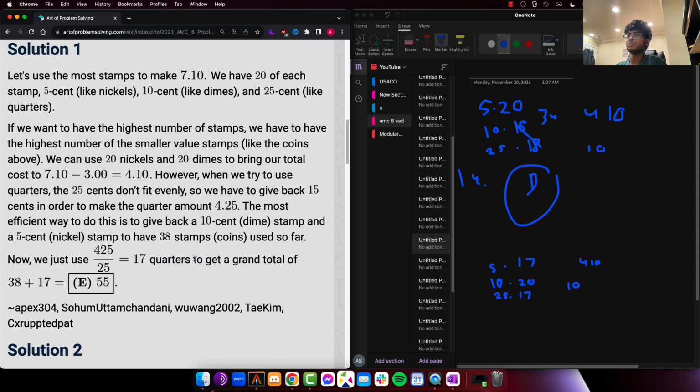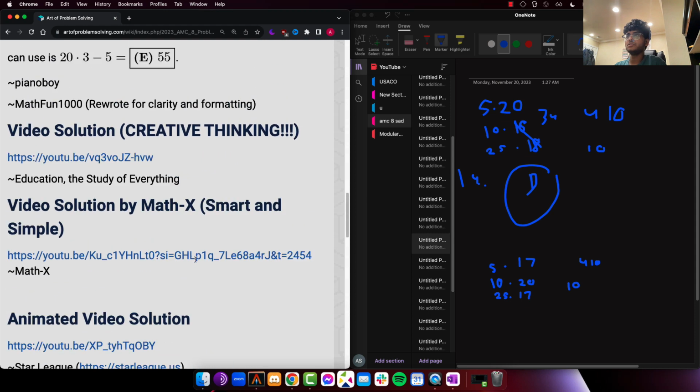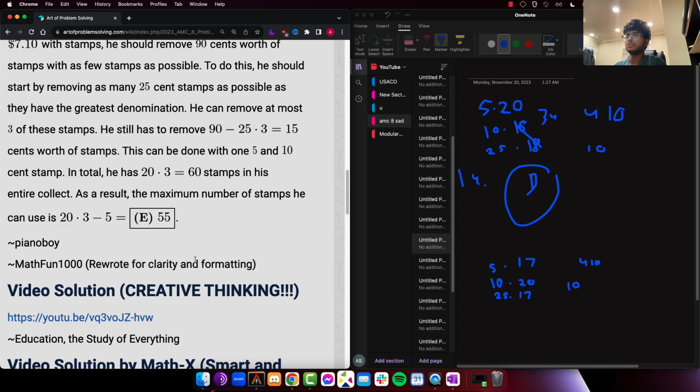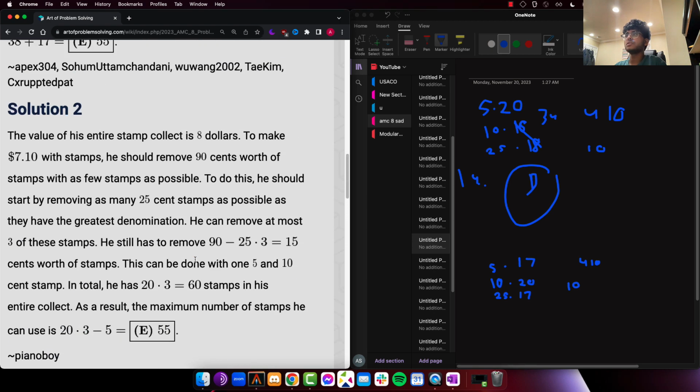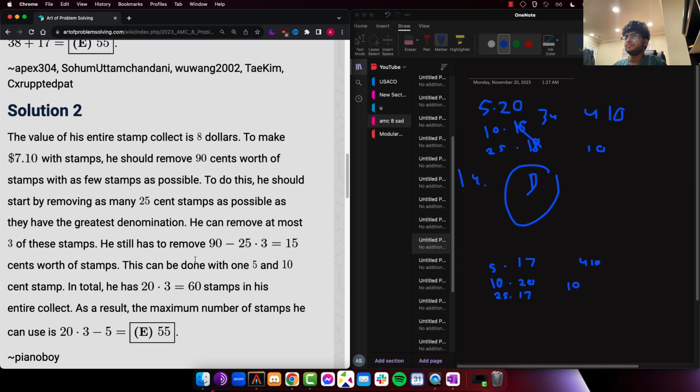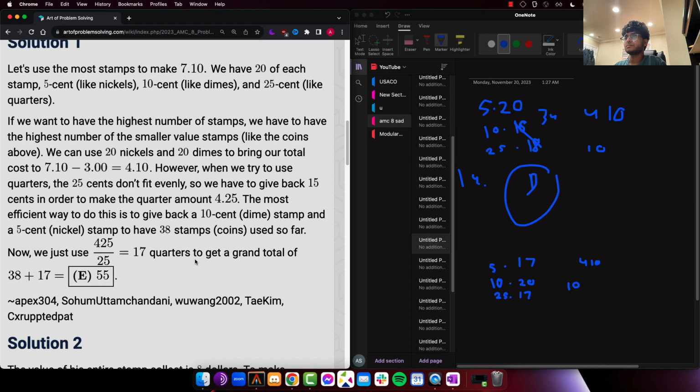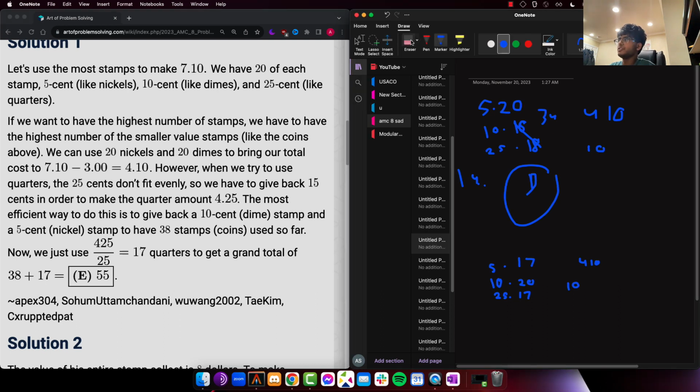How many nickels and how many dimes did they use? Oh, okay. And then what you do is you also make this 19. And make this 19. And that does it, yeah.